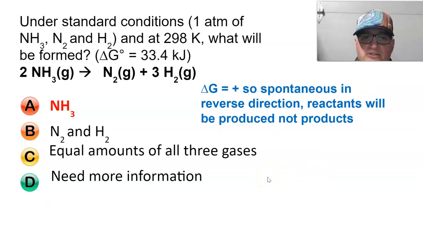I made a little change, because after I said it, it didn't sound correct. Delta G is positive, so it's only spontaneous in the reverse direction, because in the forward direction, it's not spontaneous to go from reactants to products, which means the reverse reaction is true. So the reactants will be produced, not the products, which is why we have NH3 being formed.